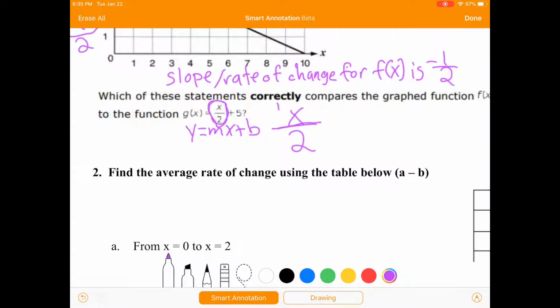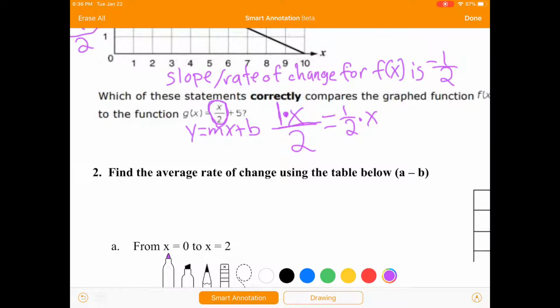You should have said 1, because 1 times any number is itself. Then what operation is in between this 1 and this x? Multiplication. So once we identify this, we can separate out that 1/2 multiplied by x.